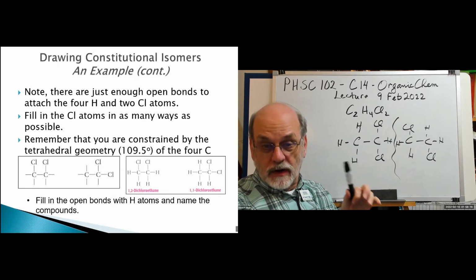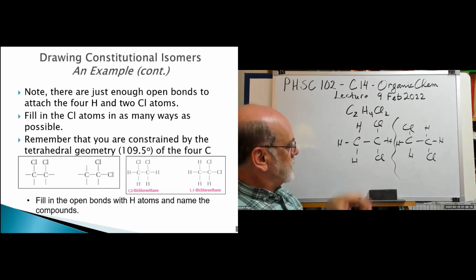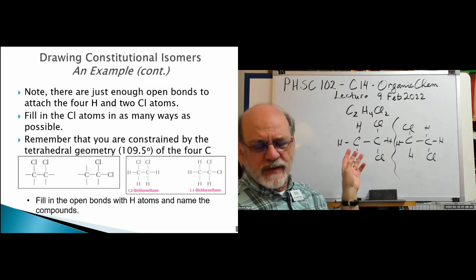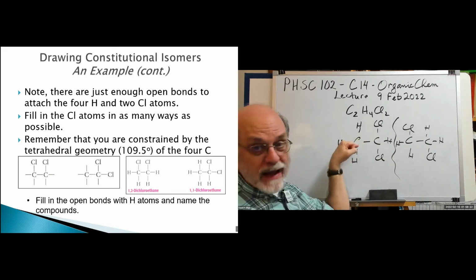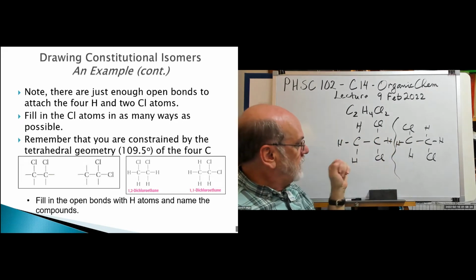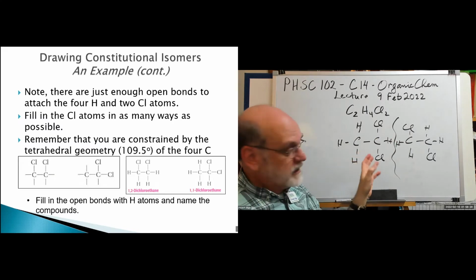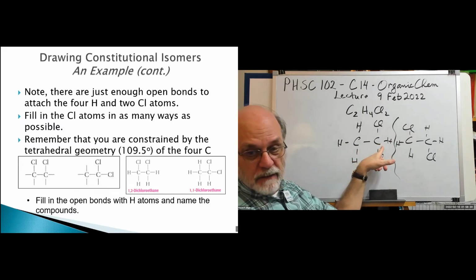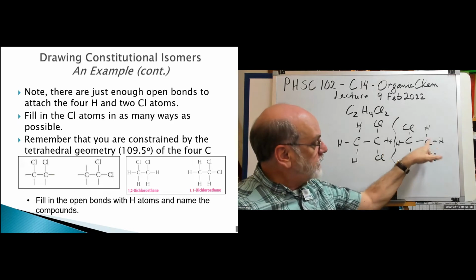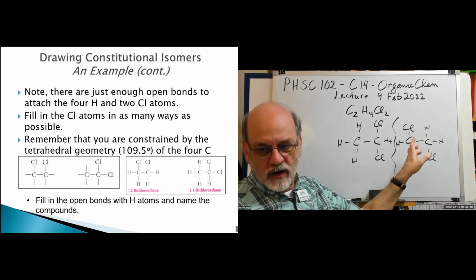Okay, so how do we name them? Well, we've got ethane as our backbone, and then we start numbering. We want the smallest number possible. So this would be 1,1-dichloroethane. And this would be 1,2-dichloroethane.